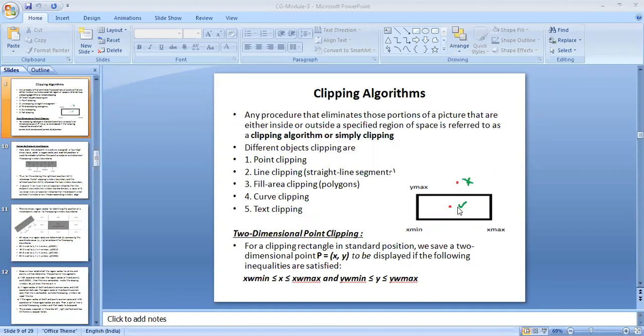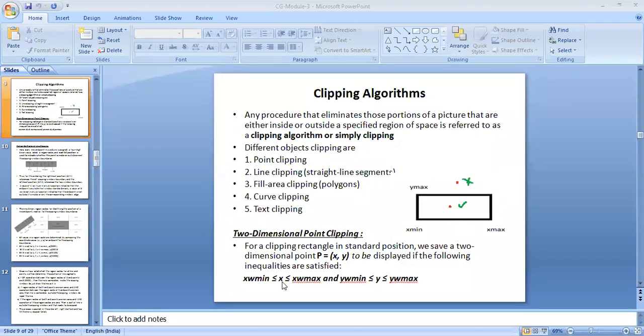Now think of point clipping. What is the constraint or algorithm I can write, where all the points within the window are retained, and any point outside the window is eliminated or clipped? A simple algorithm I can write is this: the point will have x and y coordinates.